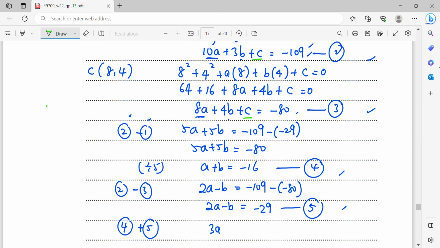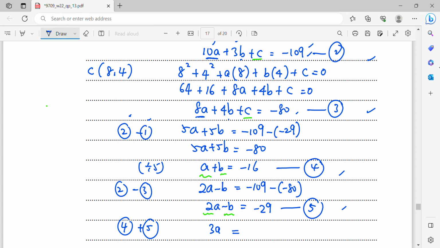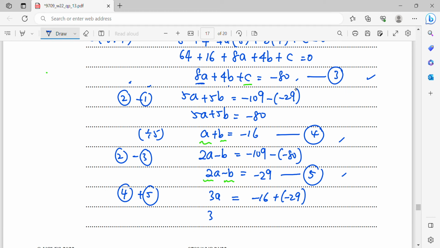Then plus b with minus b becomes 0. So here I will get equals to negative 16 plus negative 29 for the right hand side. So I will get 3a is negative 45. Therefore, my a is negative 15. Okay, found the first unknown.